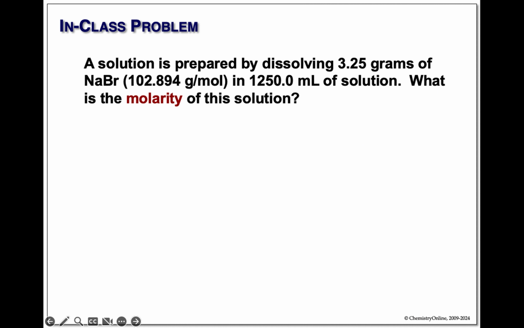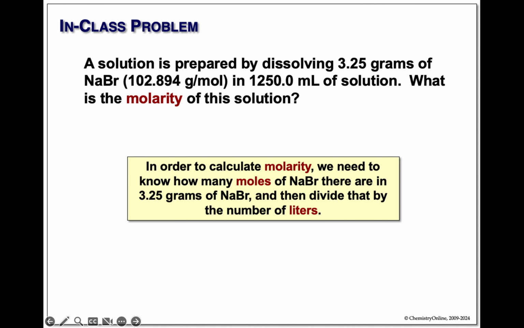Well, in order to calculate molarity, we need to know the number of moles of sodium bromide we have, divided by the number of liters. Now our volume was given in milliliters, so we can do this in our head. Divide that by 1,000, that's 1.25 liters, right?